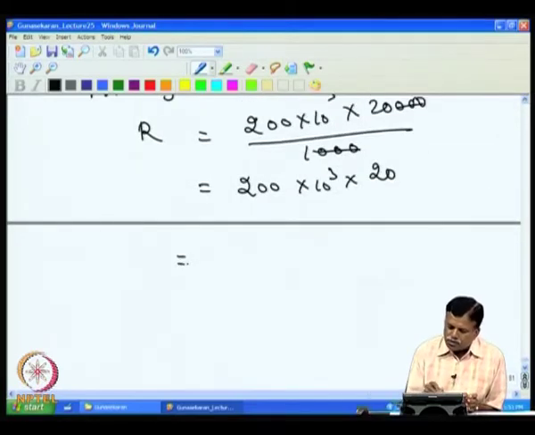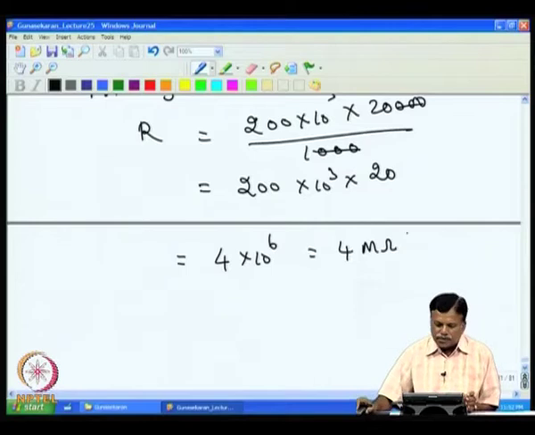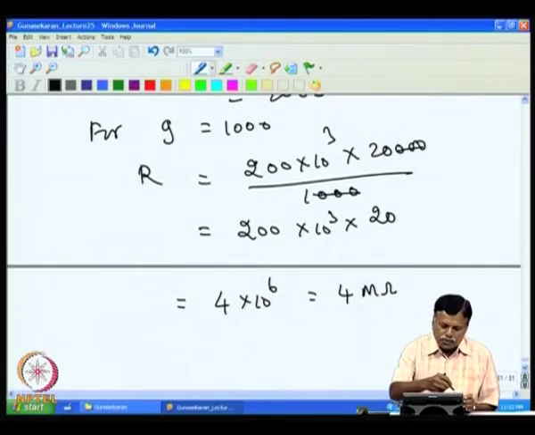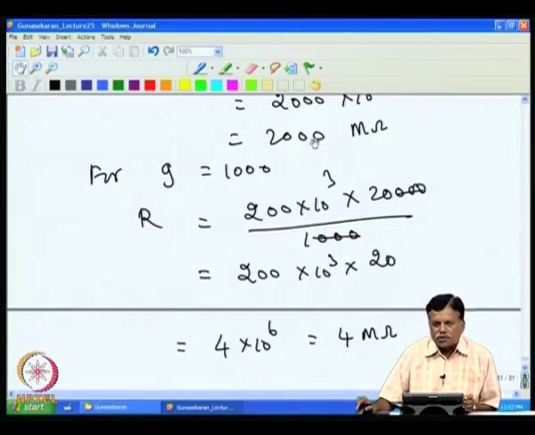This works out to be 4 into 10 power 6, that is 4 megohm. So, if I have 1000 gain, then the input resistance has come down to 4 megohm, whereas if the gain was 10, the input resistance was 2000 megohm. That shows that if we want a high input impedance, then I have to give as low a gain as possible.